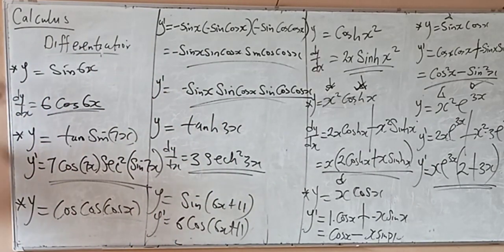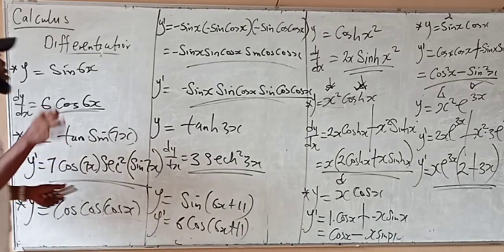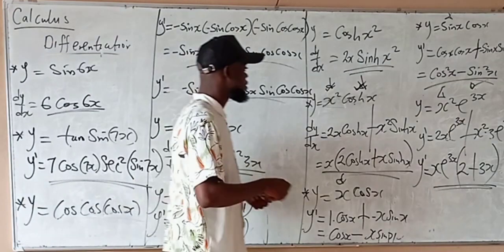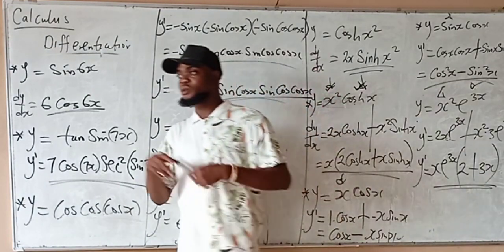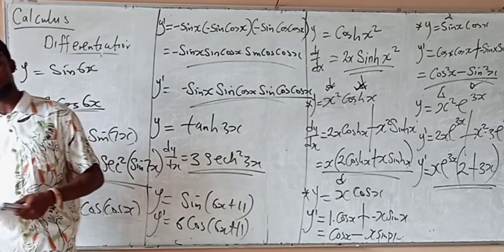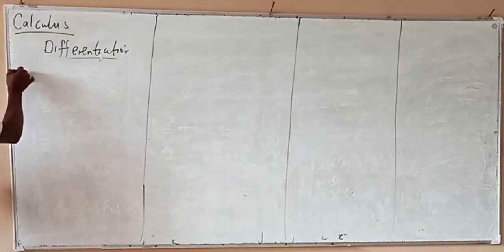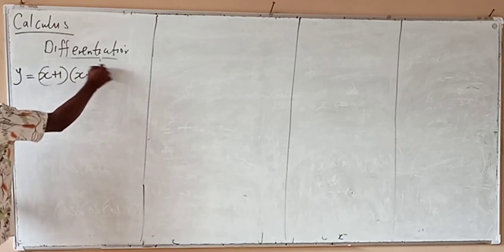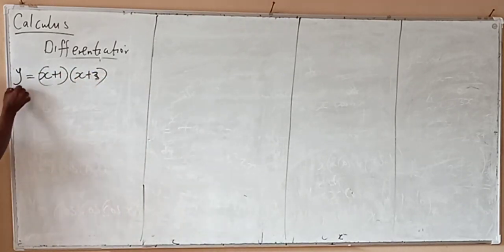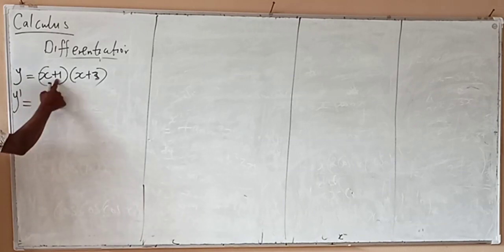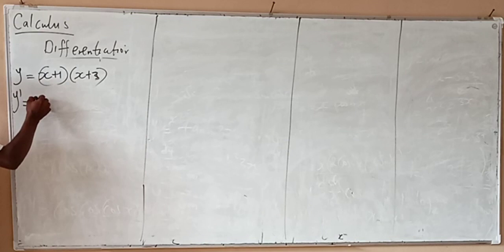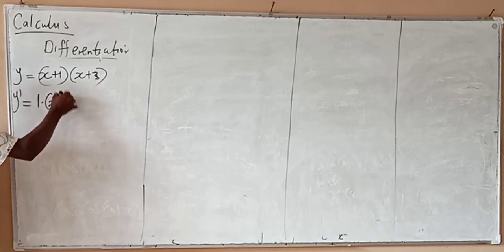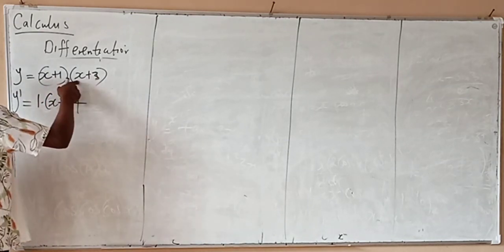Now we're going to look at more questions. Let's go to quotient rule now. We'll go to implicit function and so on to see what we are going to have. Let's see we have y is equal to x plus 1 times x plus 3. What will be dy over dx or y prime? Differentiate this first one, differentiate x plus 1. Differentiate x, you have 1. Differentiate 1, you have 0. So 1. Then give the second one. Then plus, differentiate the second one, give the first one.